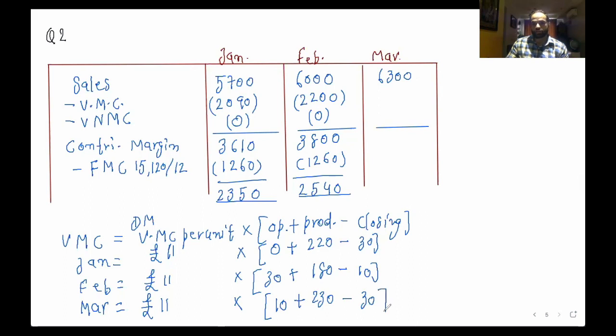So 210 multiplied by 11 is how much for March? 2310. Variable non-manufacturing cost is 0. So how much is the contribution margin for the month of March?